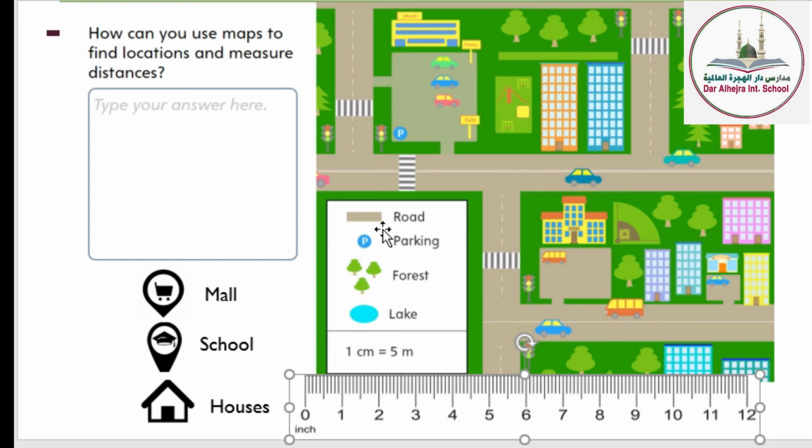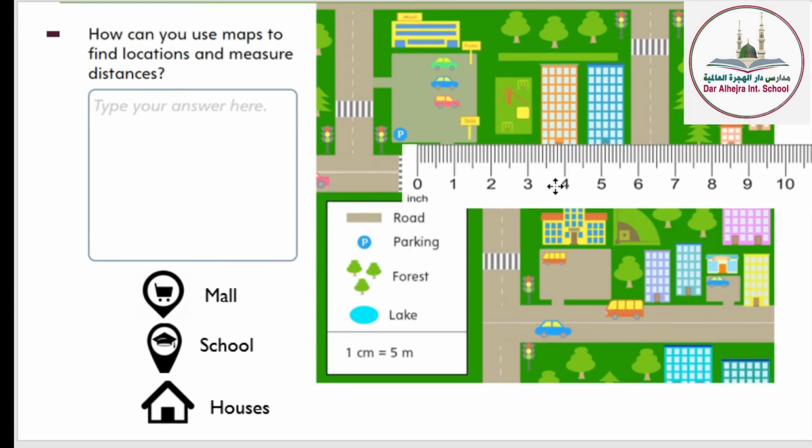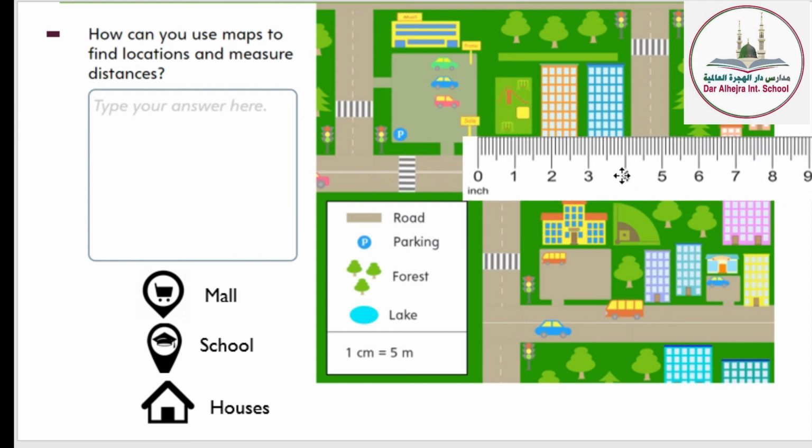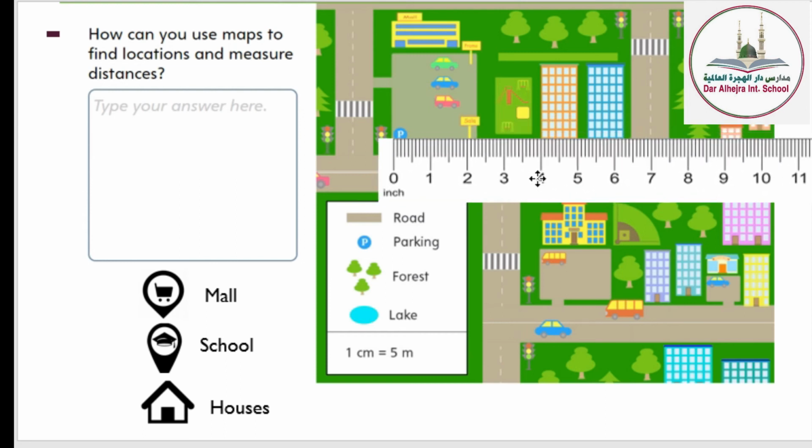For example, if I'm going to measure the space between the parking lot and the forest, let's measure this place. I'm going to put the ruler here, starting from the parking lot till the forest. So we start here and we stop here.